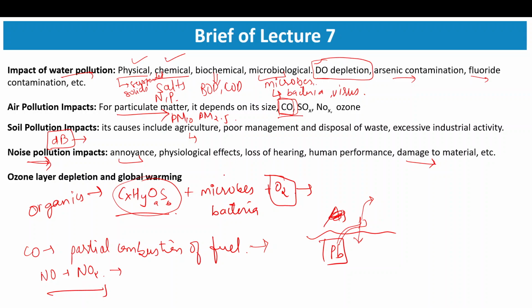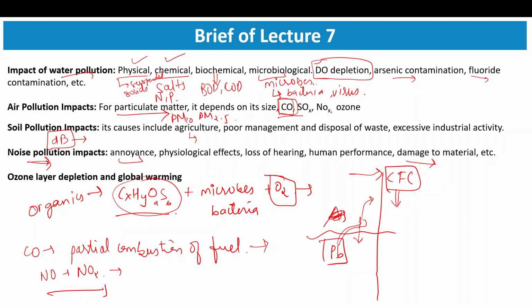Moving forward, another thing that was discussed was ozone layer depletion and global warming. Regarding ozone layer depletion, as we discussed at the start of class, CFCs are one of the refrigerants used, and they are one of the pollutants emitted into the atmosphere.